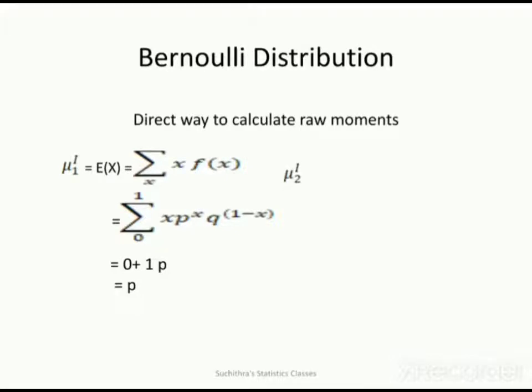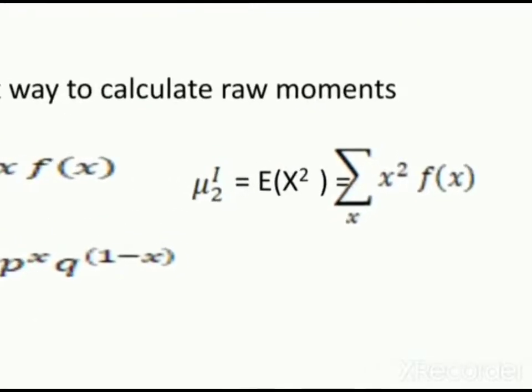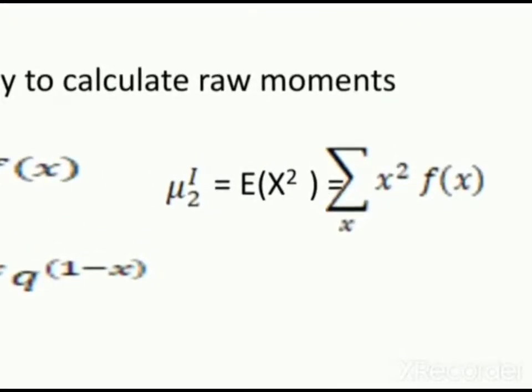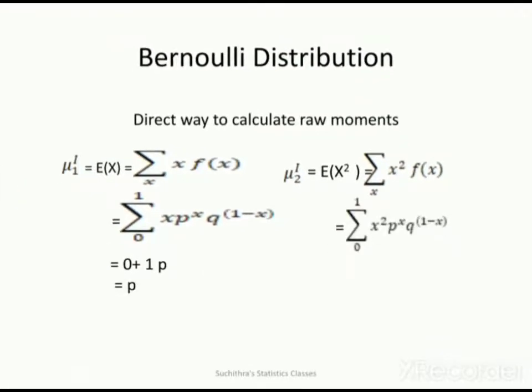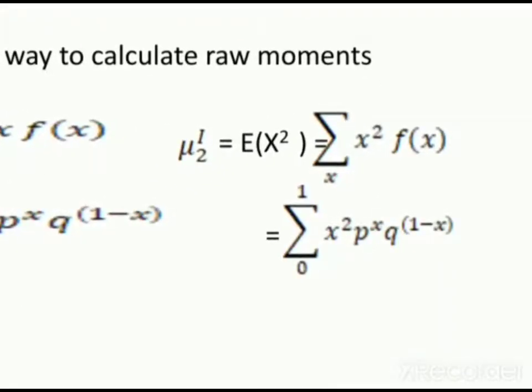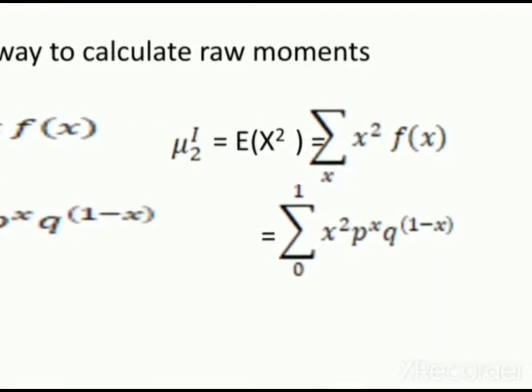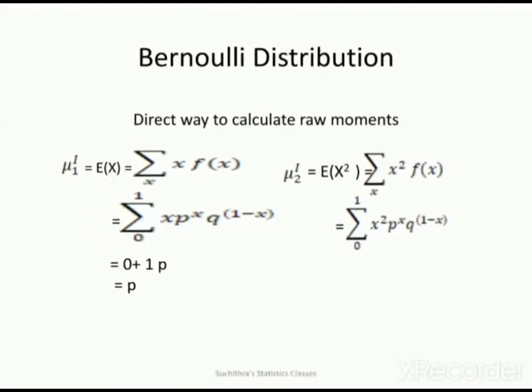Then mu2 dash is equal to E of x square, which is equal to summation over x square f of x, that is summation 0 to 1 of x square p raised to x q raised to 1 minus x, which is again equal to p. So mu 1 dash equal to p, mu 2 dash equal to p.